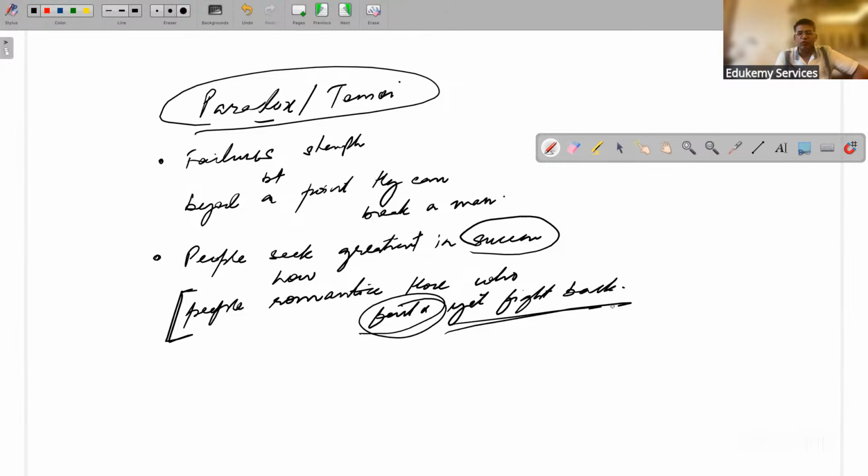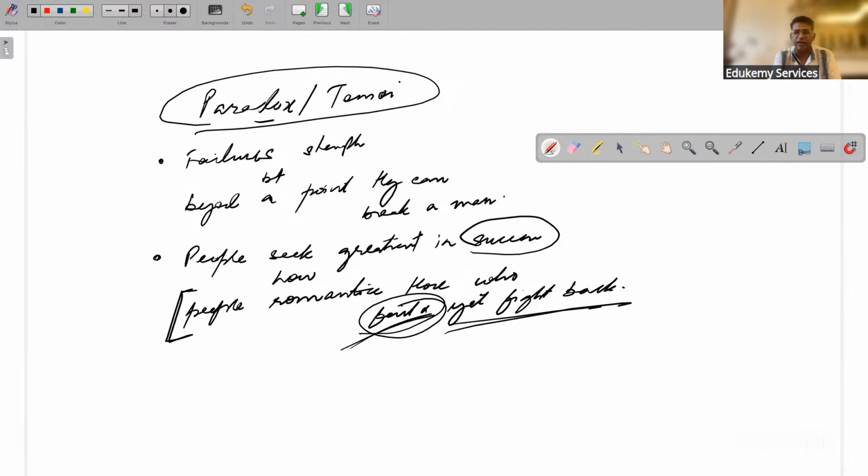So, for example, that movie, The Pursuit of Happyness. Have you seen that movie? Yes. That story is great. Why? Will Smith, correct. Why is that story great? That story is not great because Will Smith ultimately succeeded. It's great because the full movie was about failure.